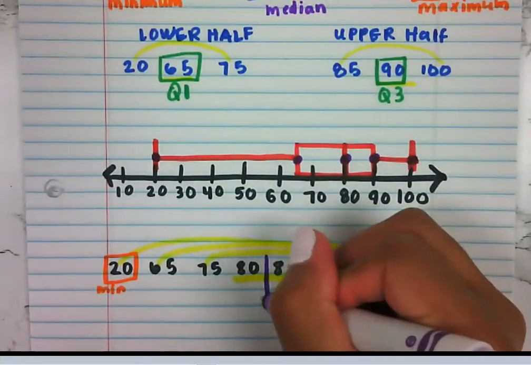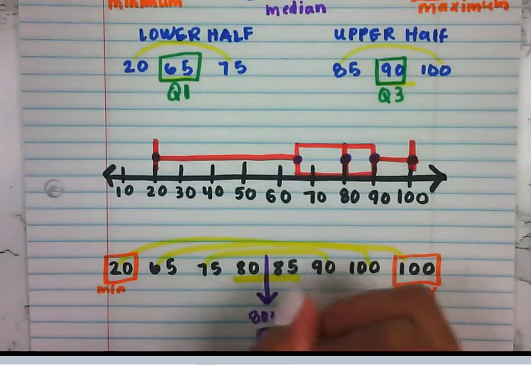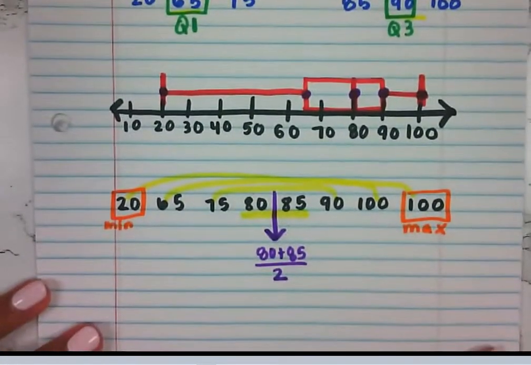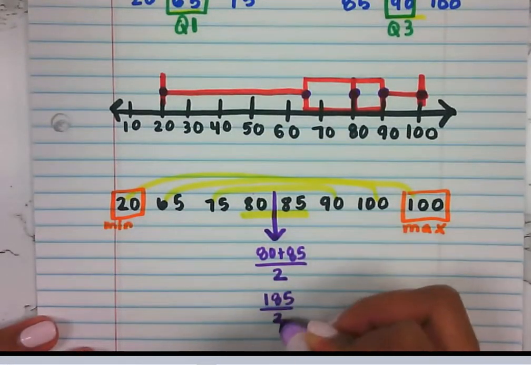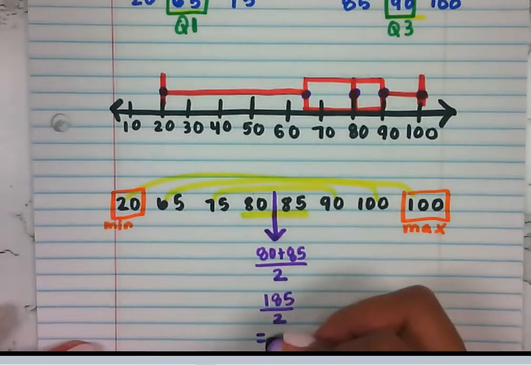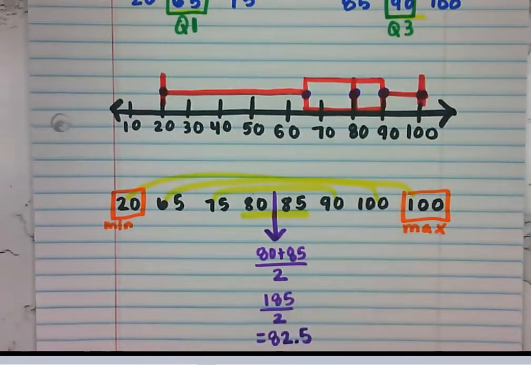We add the 2 numbers and divide by 2. So 80 plus 85 is 185. Divided by 2 leaves us with 82.5. That should be correct.